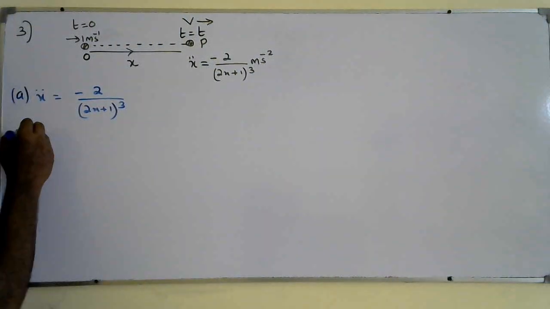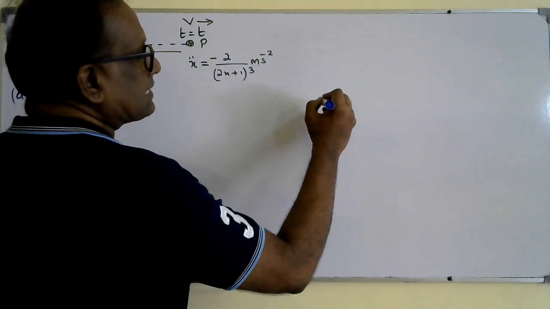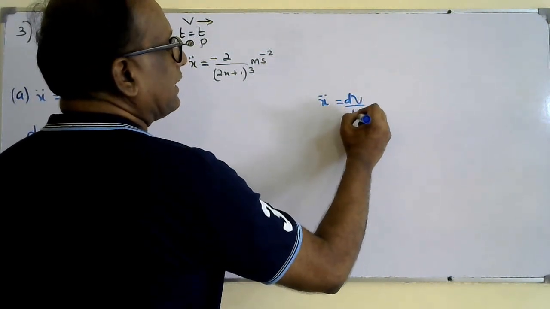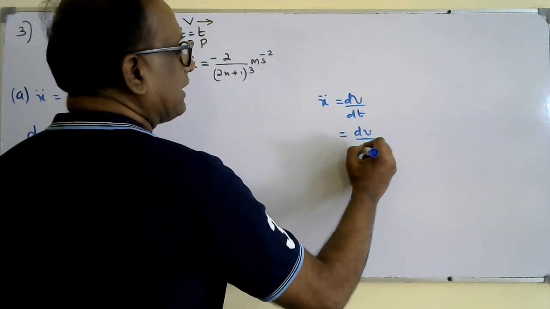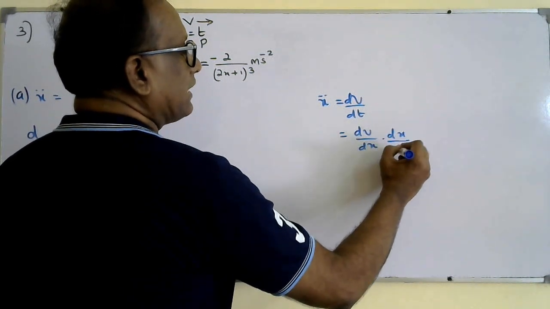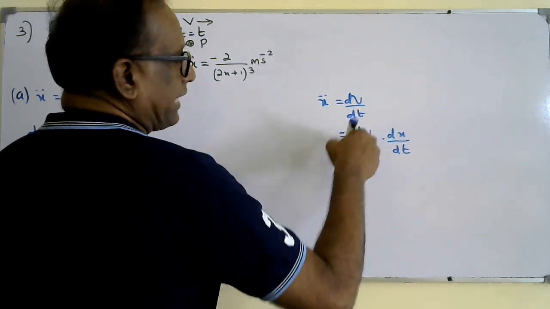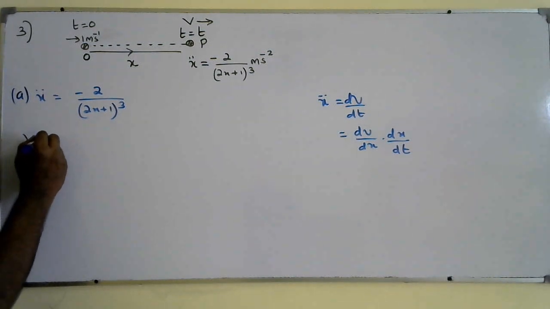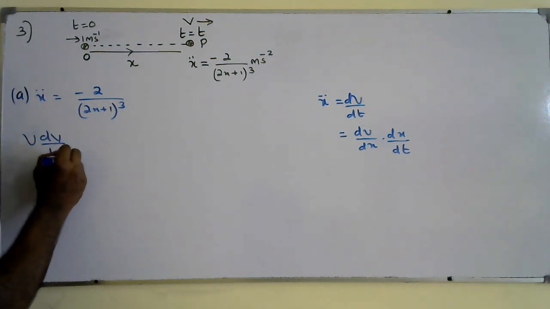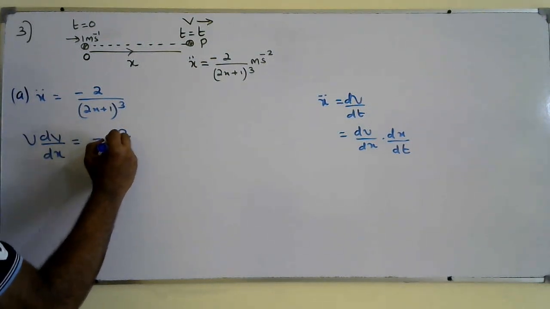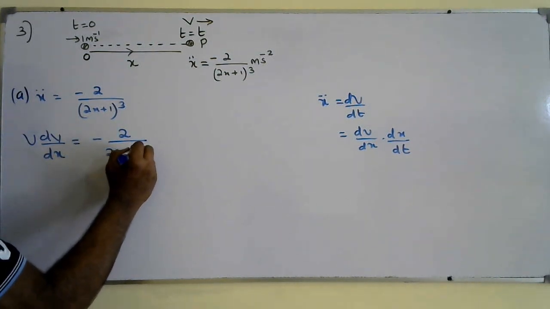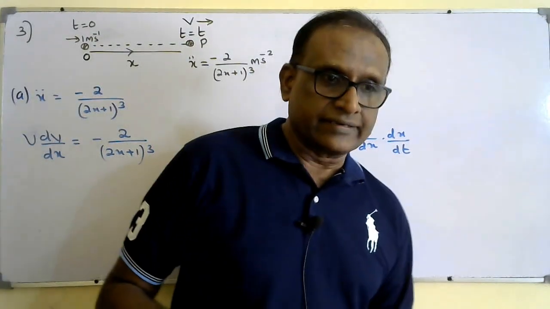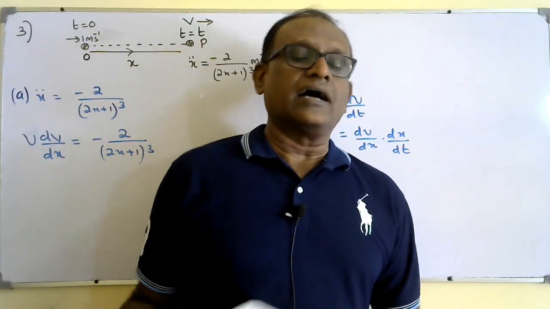We can say that x double dot can be written as dv over dx into dx over dt. dx over dt is v, so we can write x double dot as v dv over dx. So v dv over dx equals minus 2 over (2x plus 1) all the cube. That clearly shows we are going to integrate to get a relationship between v and x.